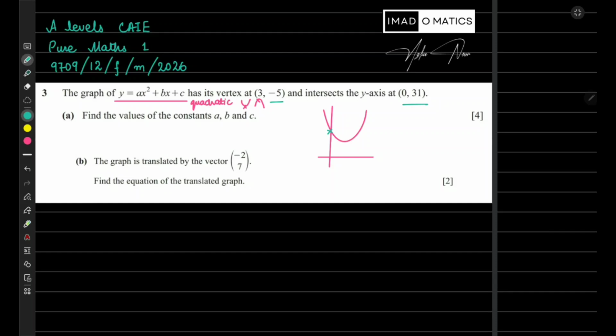One thing is, if you know the root form of a quadratic equation, that is a times (x minus b) square plus c, we know that in the root form, x minus b equals 0 gives you the x coordinate of the vertex or turning point, and the constant gives you the y coordinate of the turning point.